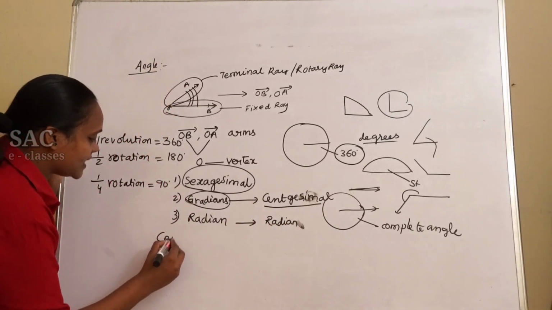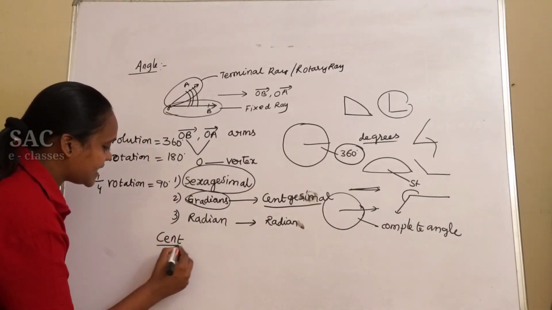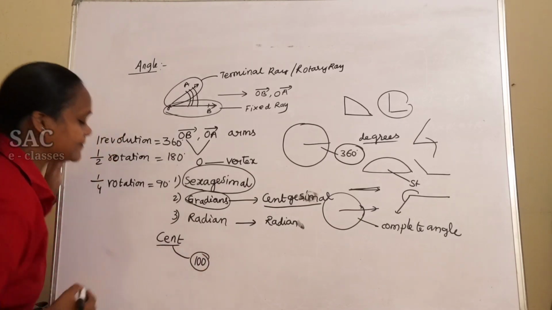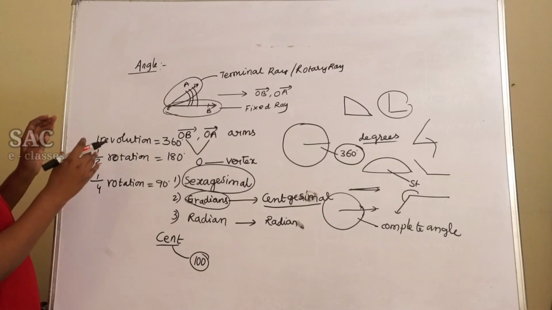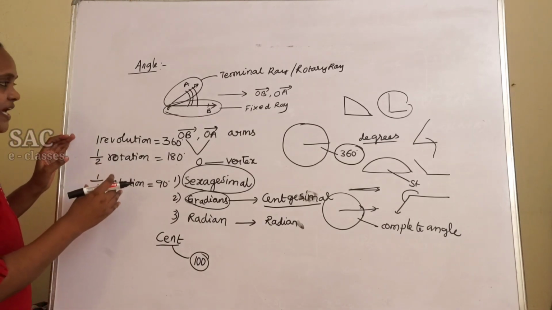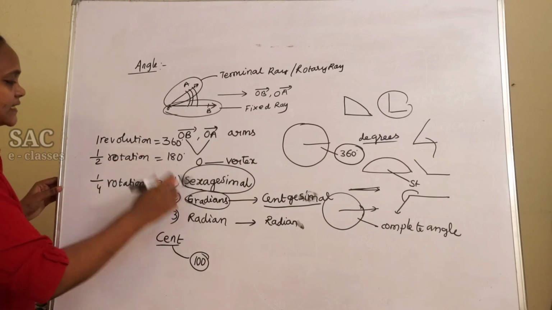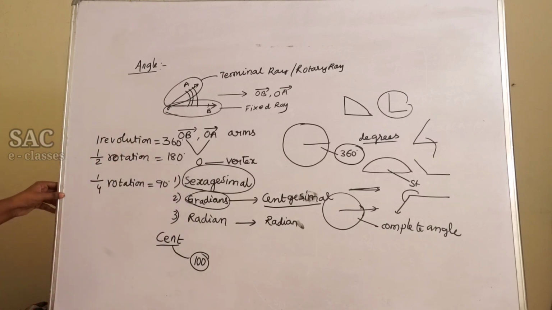The name itself is self-explanatory: cent refers to 100. If the measurement of an angle is in terms of gradients, we call that the centesimal system.